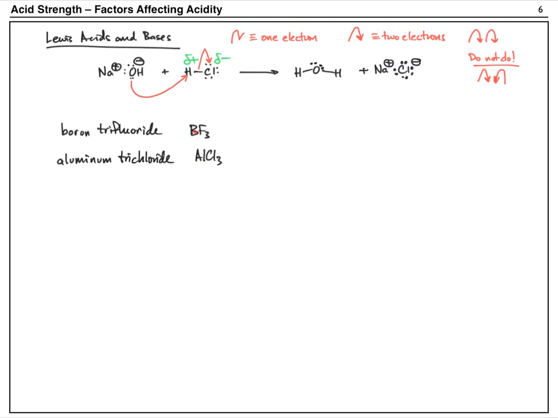Both of these atoms, boron and aluminum, are sp2 hybridized. So the reason that's important is because we know from sp2 hybridized atoms there are 3 sp2 orbitals plus 1 empty p orbital.